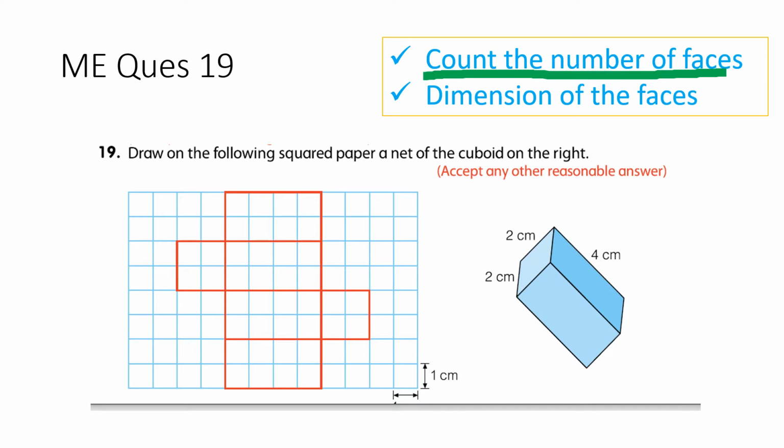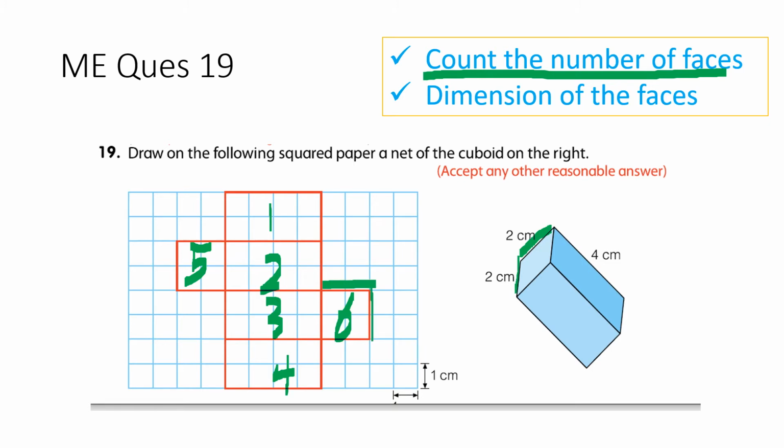So for a cuboid, there are 6 faces. So 1, 2, 3, 4, 5, 6. Right? And you have to also check the dimension of the faces. So one face will be 2 cm by 2 cm. So you can see that 2 cm by 2 cm.